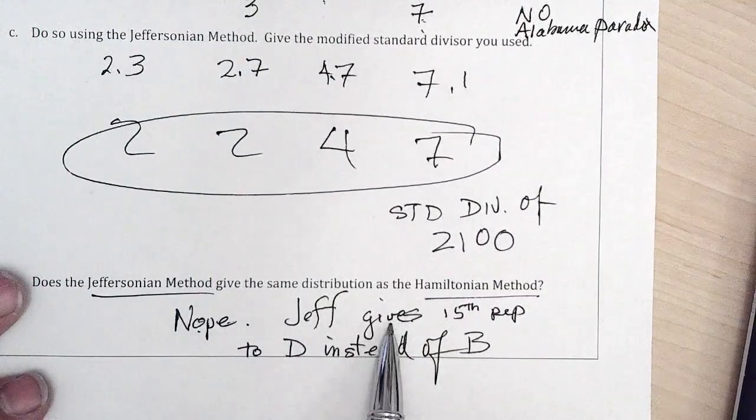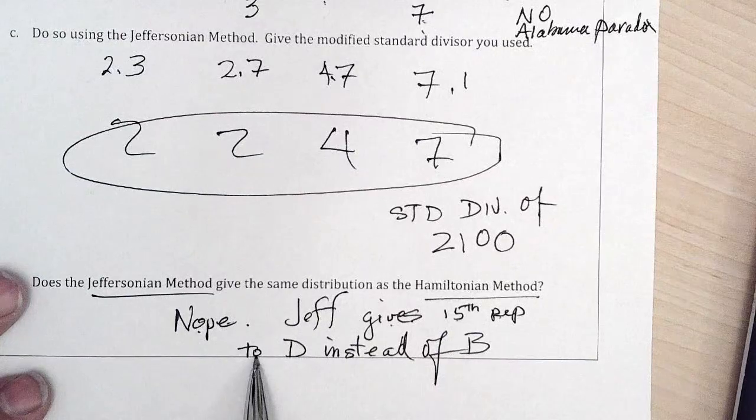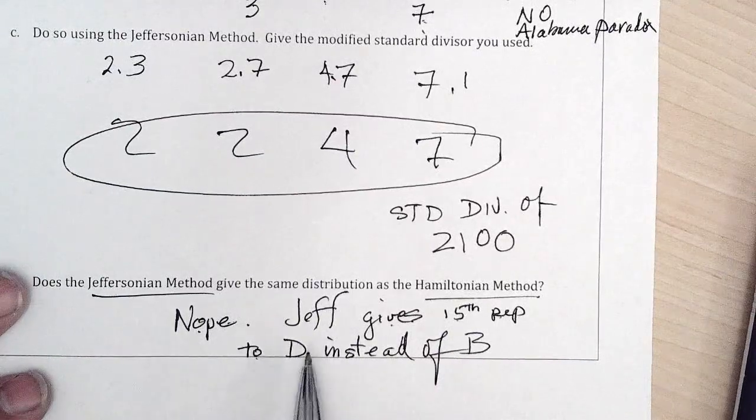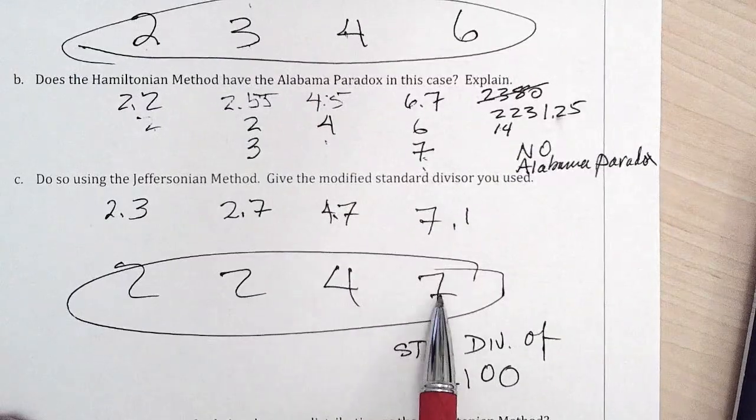Nope. Jefferson gives the 15th representative, that extra one, to D instead of to B. Hamilton gave it to B. Jefferson gives it to D.